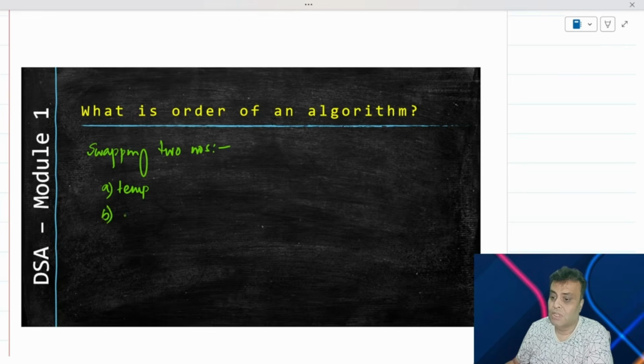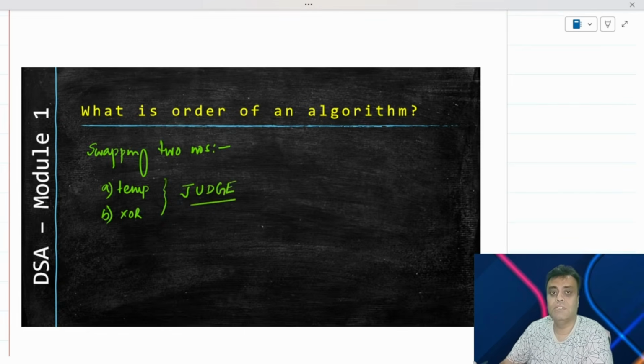We can use an XOR model also, where we can avoid using the third variable and get into swapping of two numbers. Now, if we have to judge, the keyword is judge, which of these is better, we need various mechanisms against which these two algorithms should be benchmarked. One of those mechanisms is time complexity. One of those mechanisms is space complexity.